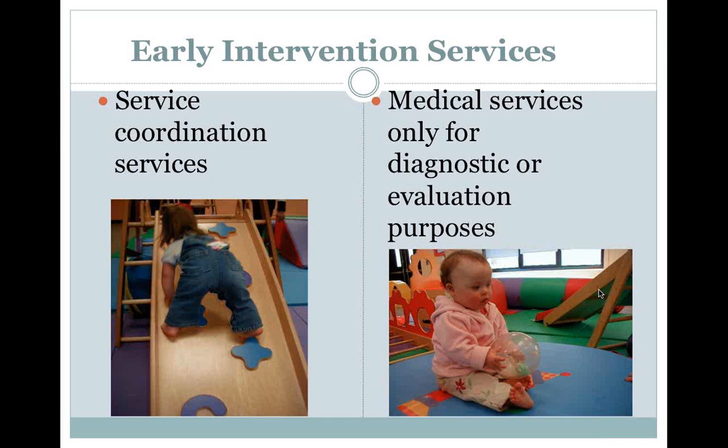Service coordination services, that's a little redundant, but I think you get the idea. Service coordination would have been sufficient, but the idea that there's also an individual on the IFSP team or somebody designated by the IFSP team to serve as a coordinator to ensure services are provided and to assist parents in understanding the scope of services and to help them coordinate services.